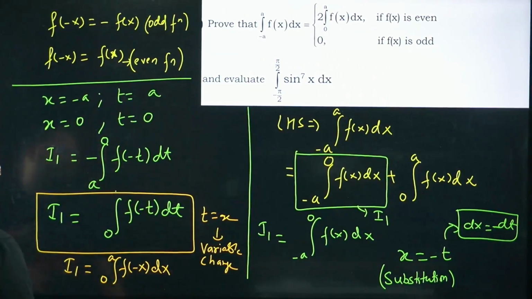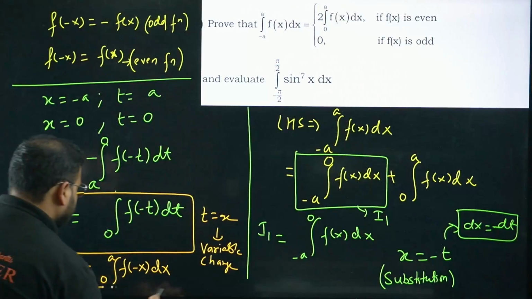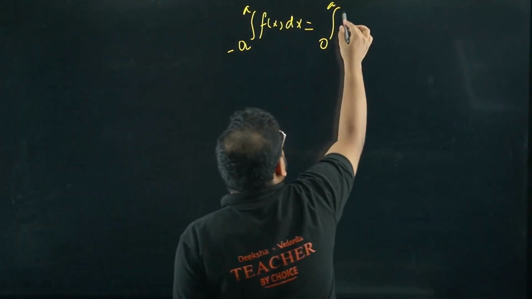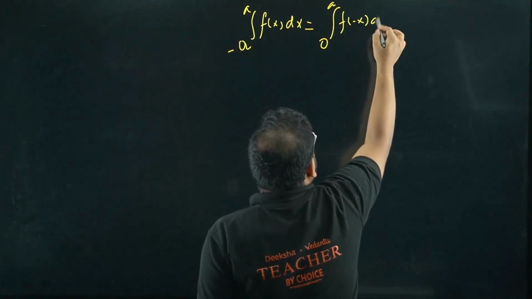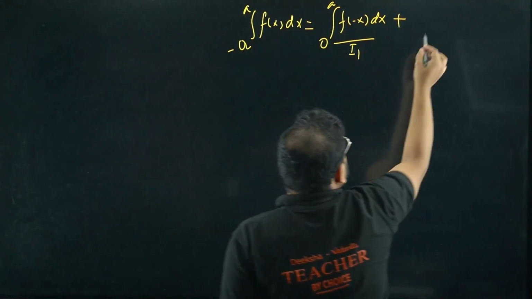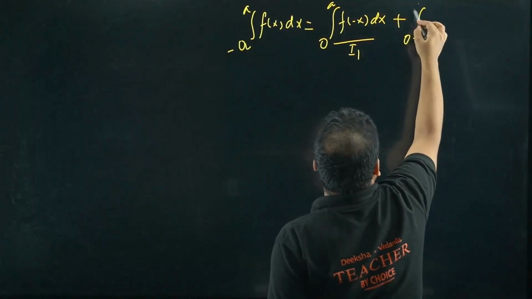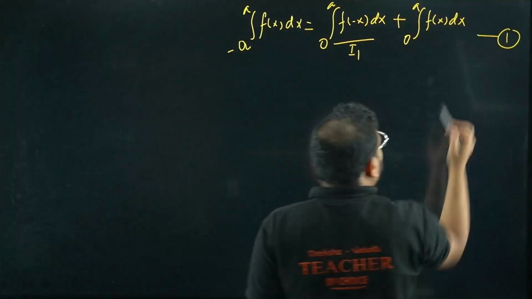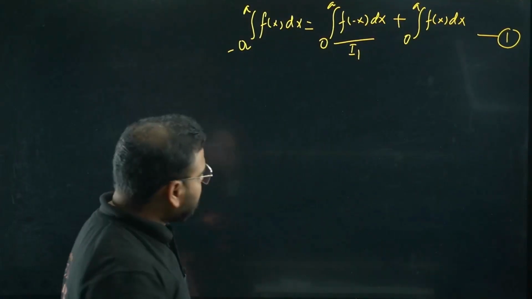I want to use this condition. So 0 to a, f of minus x dx plus the second part. This is your I1. Second part was as it is, no? 0 to a, I had fx dx. Now let's call this equation number 1.